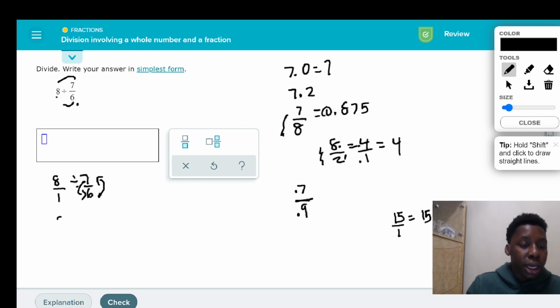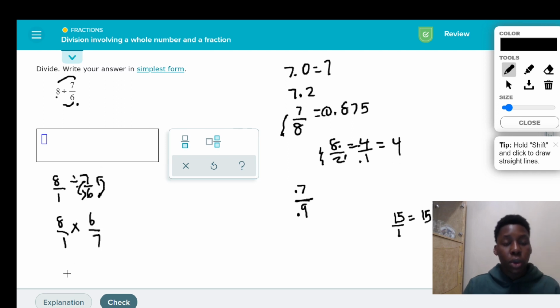So this is 8 divided by 1 times, remember, flip it, 6 divided by 7. Now we can go ahead and work with whatever we're given, right? So this is 8 over 1 times 6 over 7.